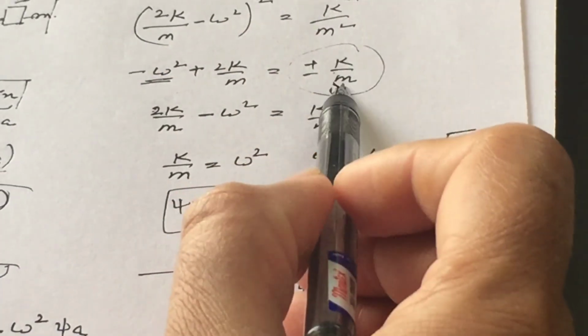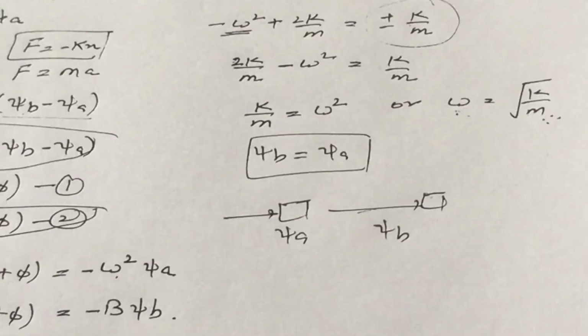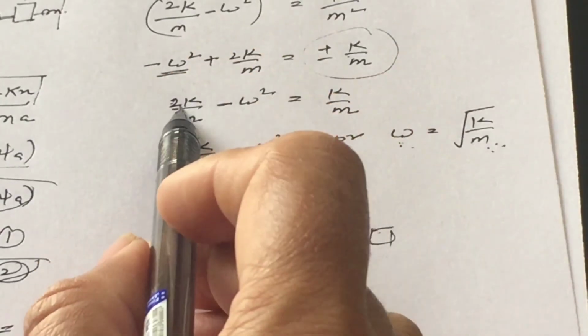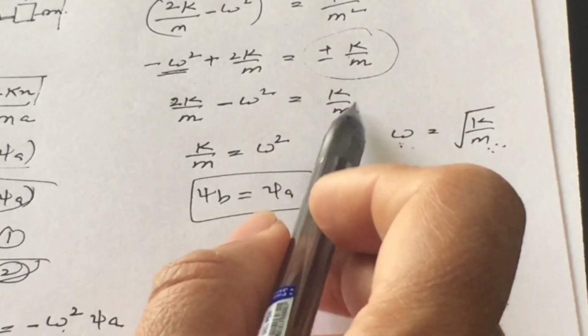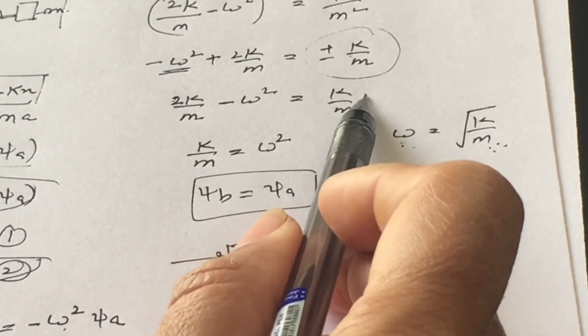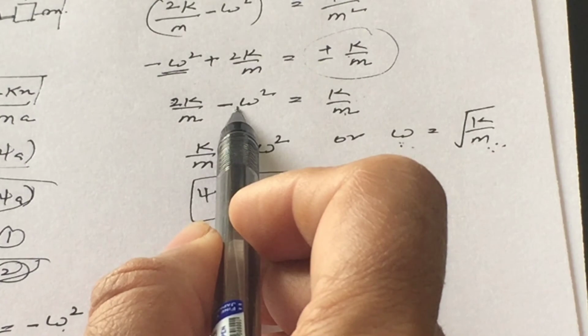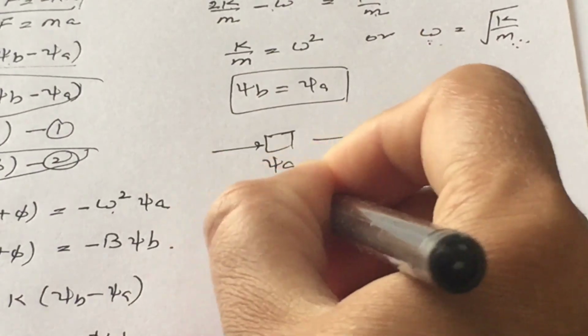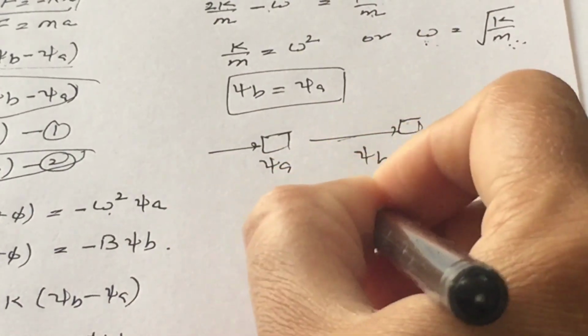Another situation, if we take k by m with a negative sign, what will we have? This is our equation, and now we are taking k by m negative, it will come to this side and this will become 3k by m, and now omega square comes out to be 3k by m.